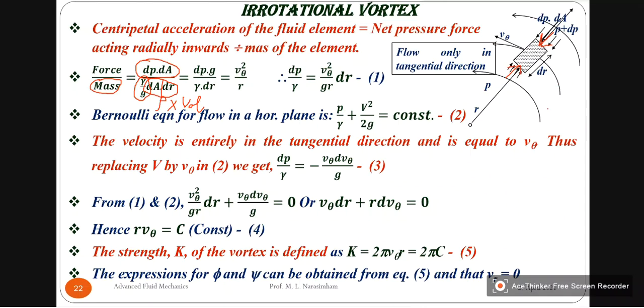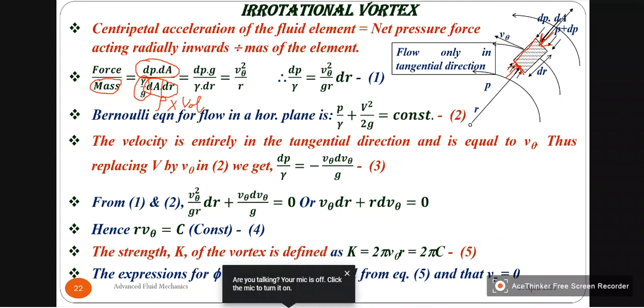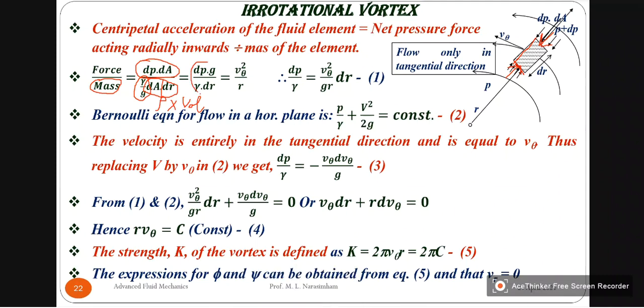So dA into dr is the volume. Therefore the mass is gamma by g dA dr. So if you simplify, you will get this expression, g dP by gamma dr.